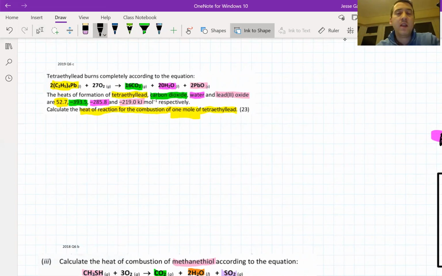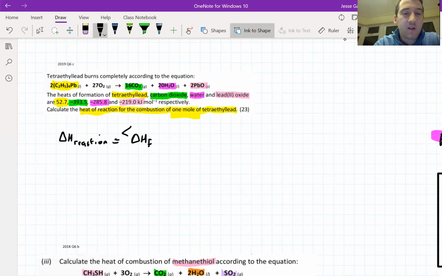No problem. The next thing that we do is we apply the equation. So the delta H of the reaction is equal to the delta H of F, which is the delta H of formation. And I've missed something. I've missed this sign here.